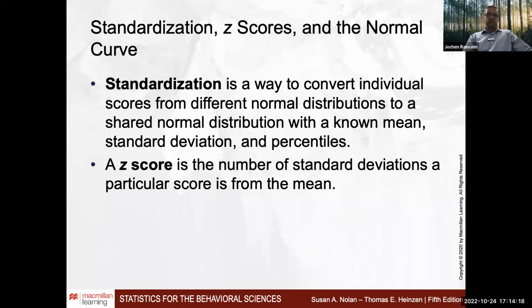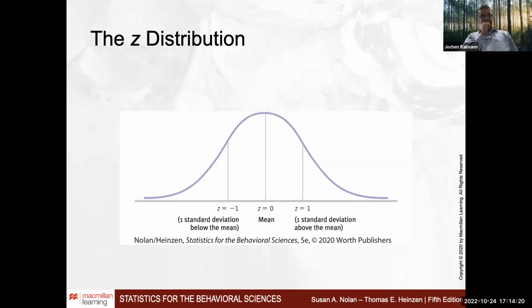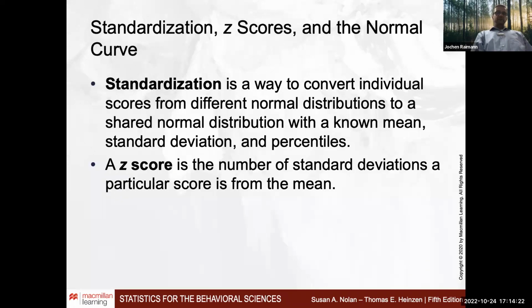Okay, so now we're getting a little further. We're getting now to z-scores and standardization. Okay, so normal distribution, symmetric, bell-shaped.